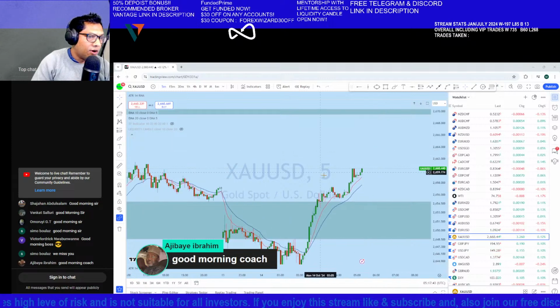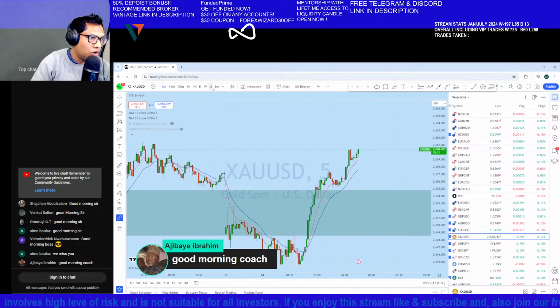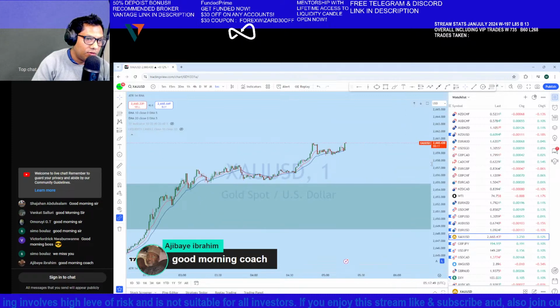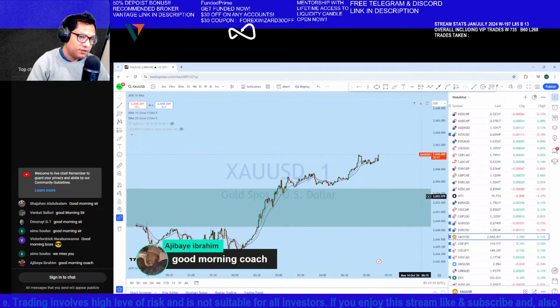Now we can see that XAUUSD is trending with a stronger momentum here, which is still showing a very strong bullish trend.